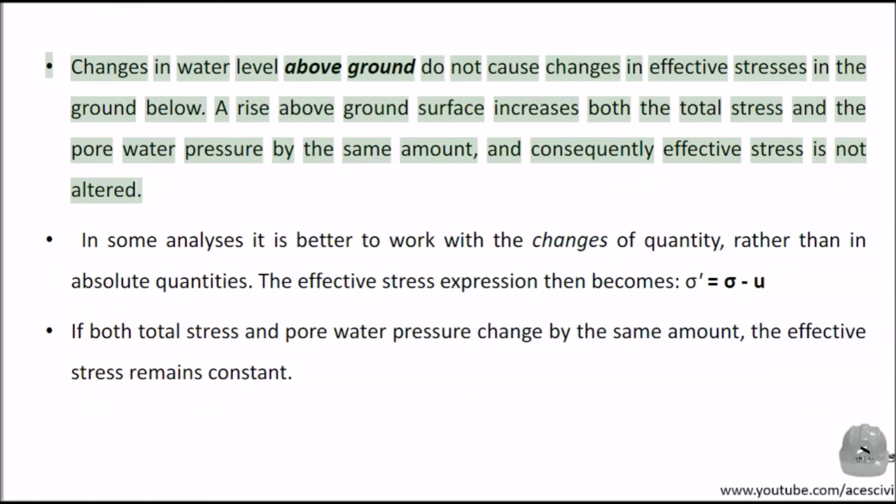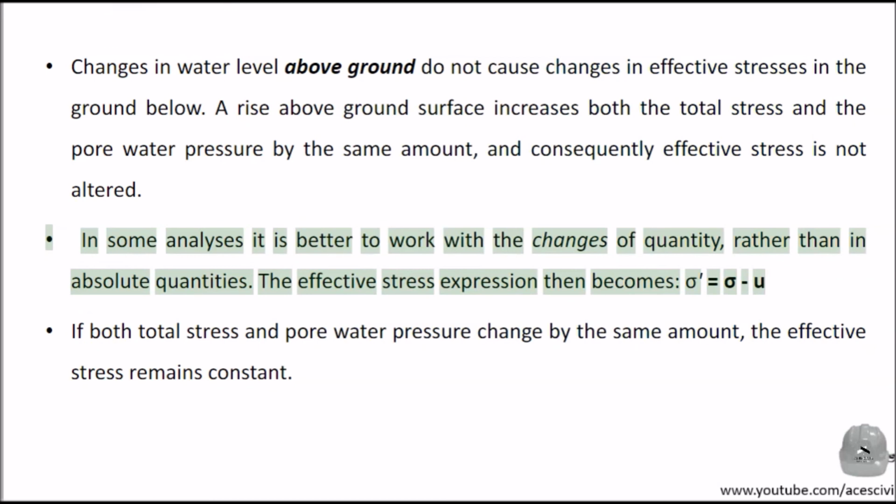Changes in water level above ground do not cause changes in effective stresses in the ground below. A rise above ground surface increases both the total stress and the pore water pressure by the same amount, and consequently effective stress is not altered.